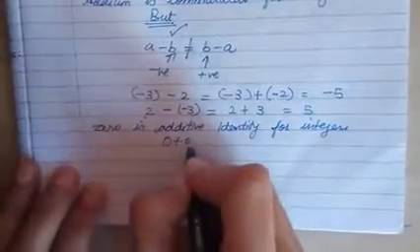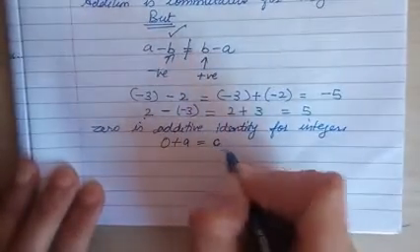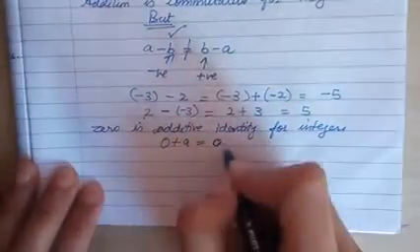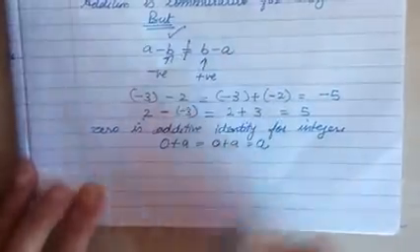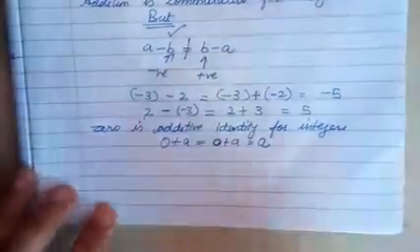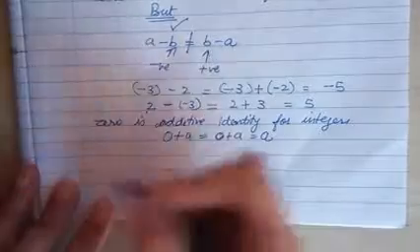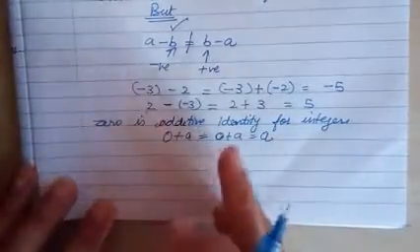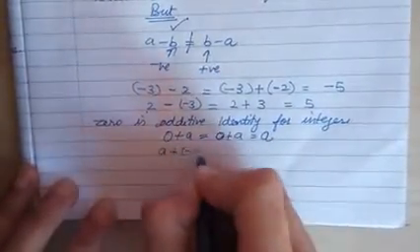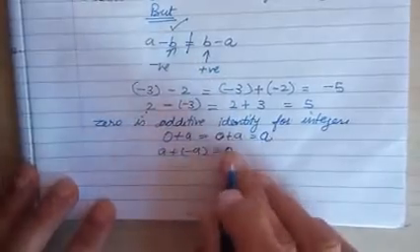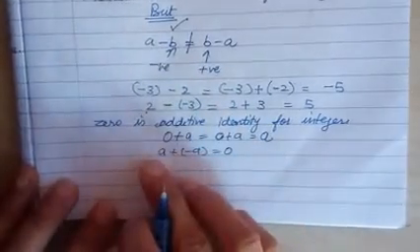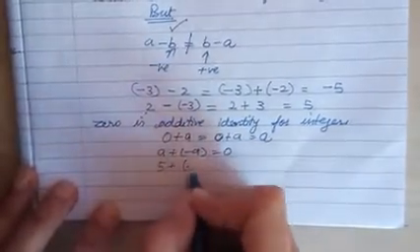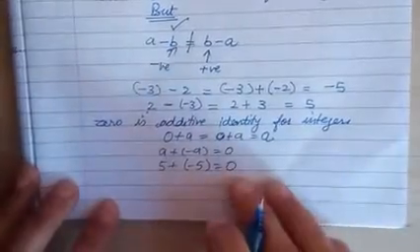That means 0 added to any number, or any number added to 0, is the number itself. And here we will do additive inverse also. Additive inverse, when we add a number with its additive inverse, we get the additive identity. So 5 plus minus 5 is 0.